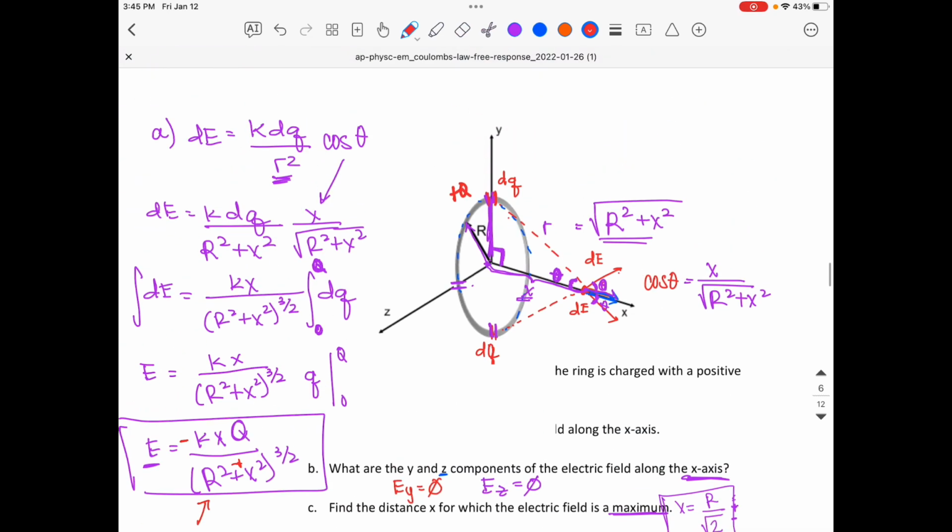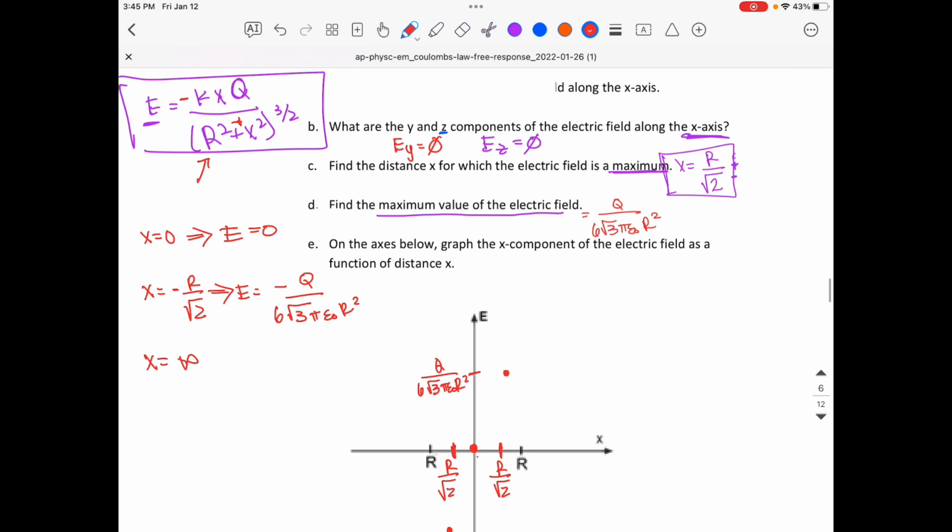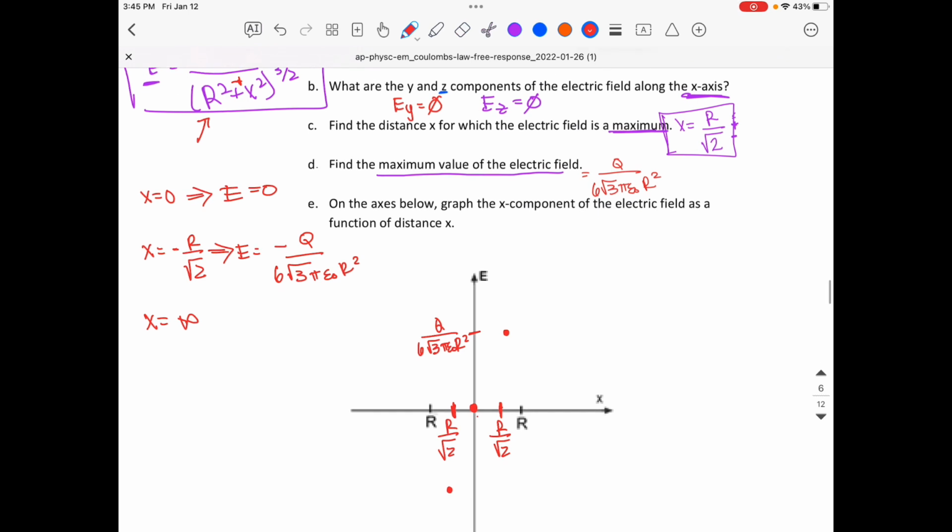But if we look at our electric field, if I were to move this P position all the way out to infinity, we know that the electric field decreases by a factor of R squared. That's just part of the equation. So it's going to decrease and decrease and decrease closer and closer to 0 as it goes out to infinity. So we're going to have some sort of asymptote. It's going to approach 0.